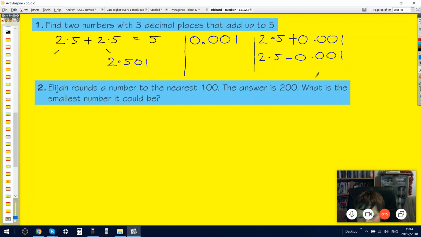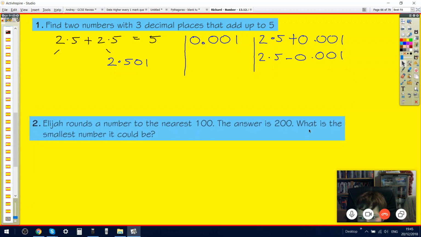If you took away 0.001, I think it would be, not sure. So I would probably just, in that case, write it using the column method.